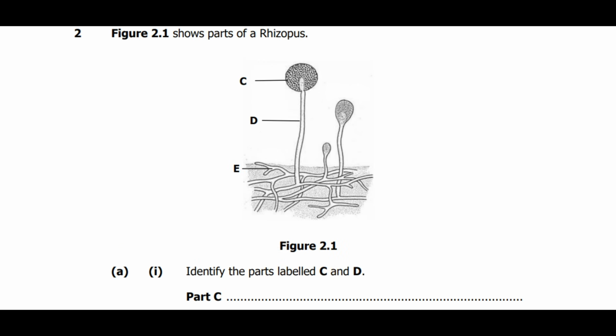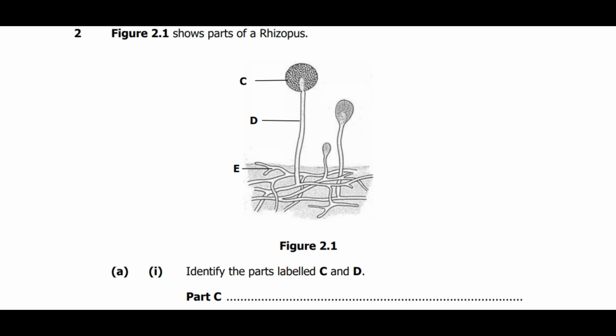Now we will have question 2. Question 2, figure 2.1 shows parts of a rhizopus. So we know what a rhizopus is, or at least we have an idea. A rhizopus comes from the fungi kingdom, one of the 5 kingdoms under classification.